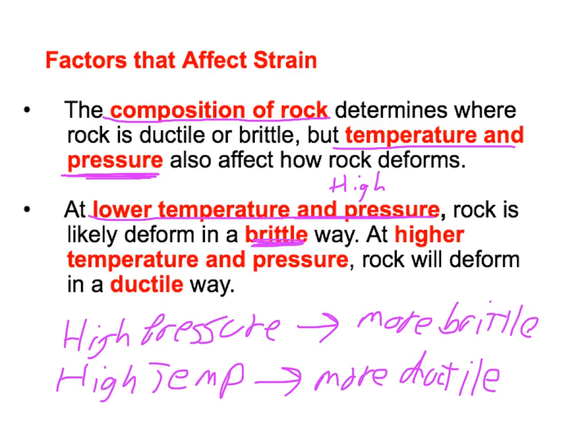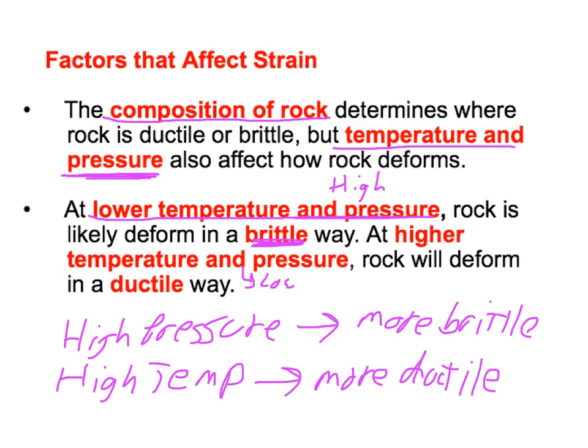At higher temperatures with low pressure, the rock's going to deform more ductile, because the higher the pressure, the more the rocks are getting packed together, and the lower the pressure, the less the rocks are getting pushed together.